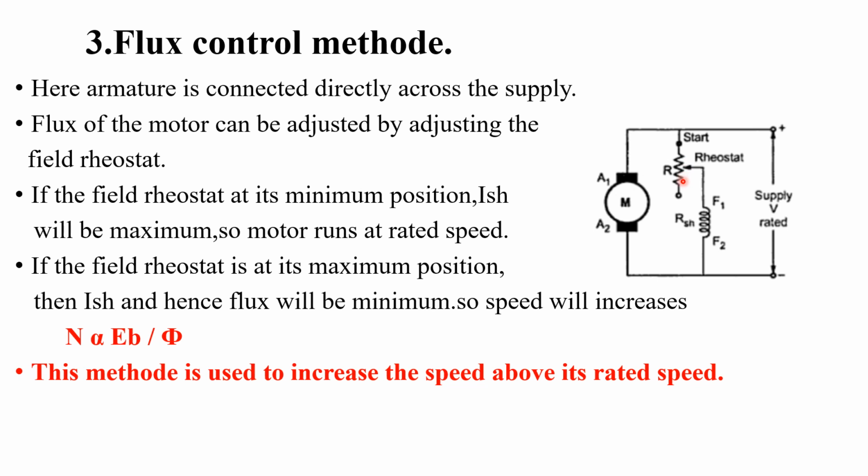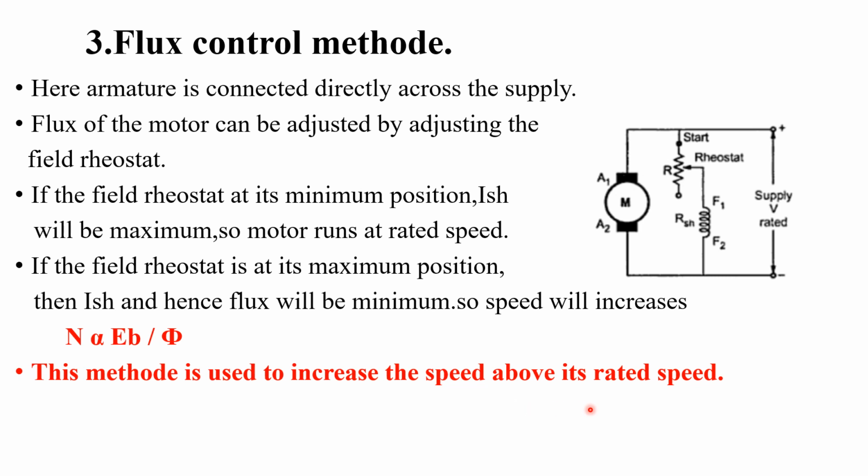If the field current decreases, then the flux will also decrease. Then the speed of the motor will drastically increase. So this method is mainly used to increase the speed of the motor above its rated speed.